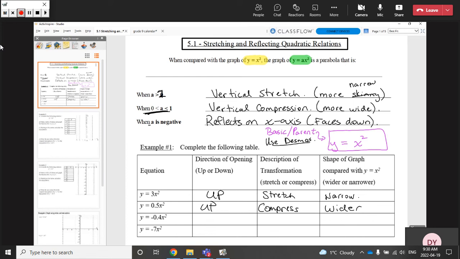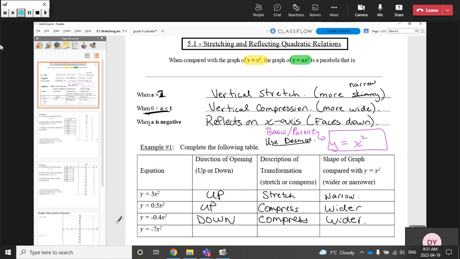Because what this negative does all on its own is change the parabola from opening up to opening down. That's what the negative does. So we'll say opens down. Now just look at the 0.4. Whether it's a positive or negative 0.4, it won't matter because either way, it's still going to compress. And therefore, it becomes wide.